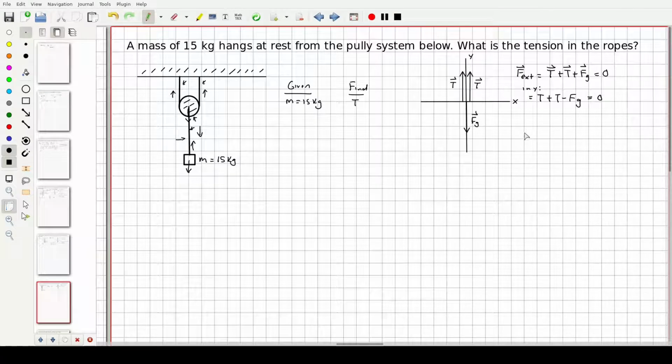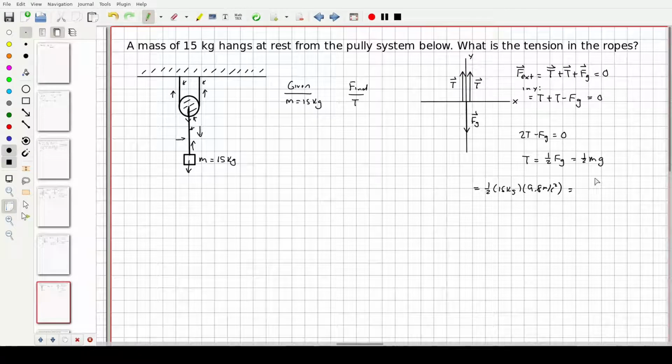So check this out. 2 times T minus Fg is equal to 0. Or if you solve for the tension, it is half of the weight.